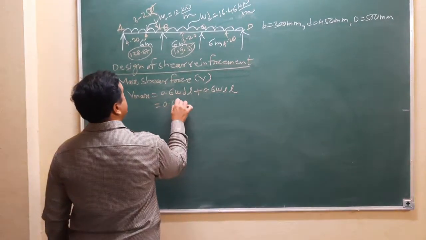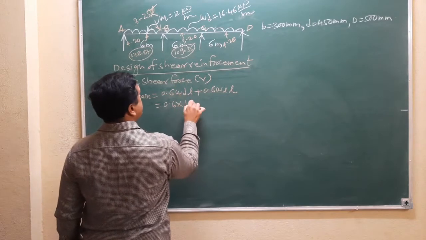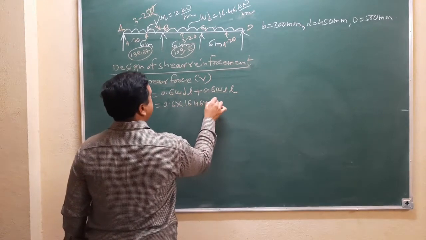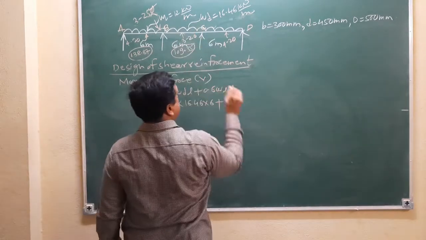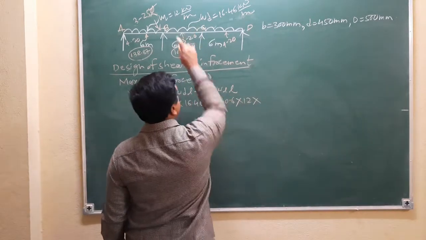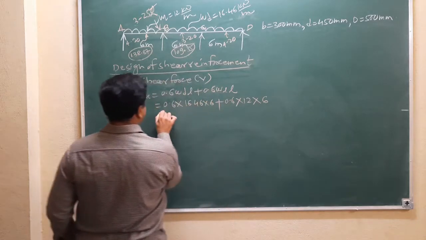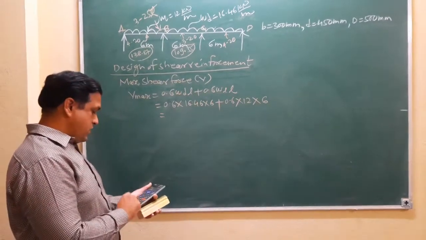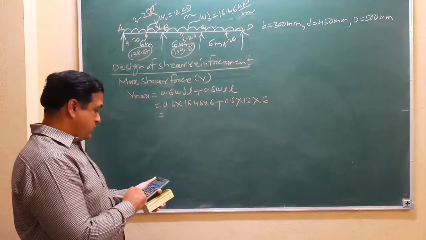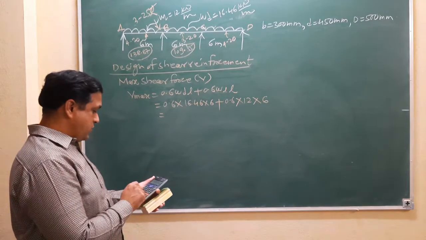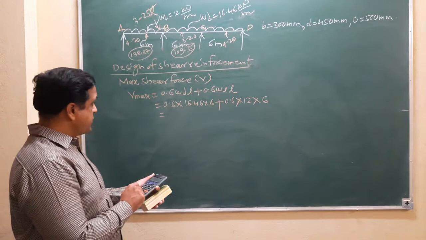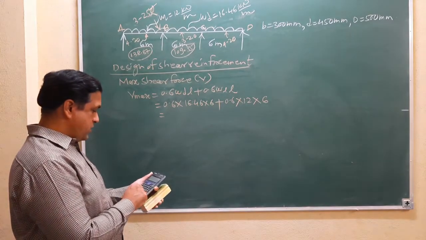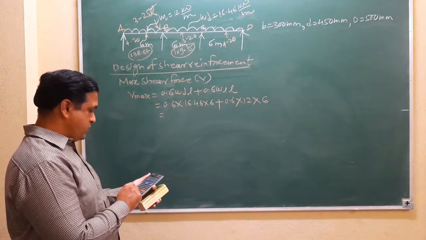What is the dead load? The dead load is 16.46, the span is 6 meters. The live load is 12 kilonewton per meter, span is 6. So what is the amount? 0.6 into 16.46 into 6 plus 0.6 into 12 into 6.